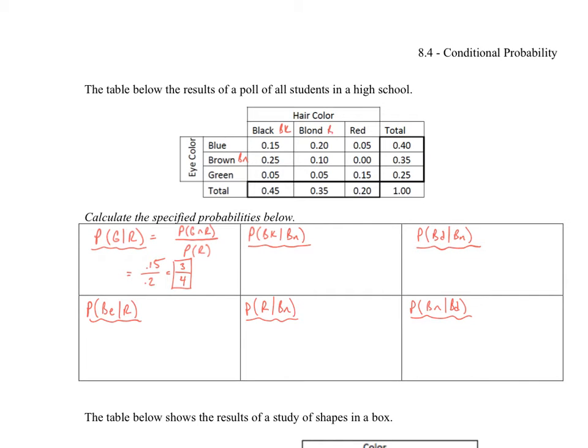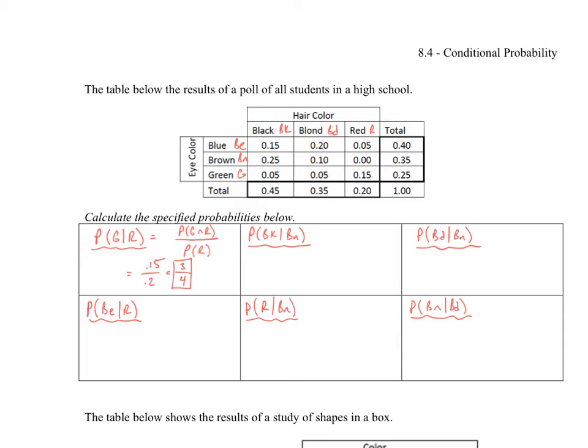So blonde is BD, red is obviously R. Here we've got the probability of blue eyes given red hair. So blue is BE, and then green would obviously be G. Okay, so this is the probability of red hair given brown eyes. This is the probability of brown eyes given blonde hair. So go ahead and try to calculate these, and then I'll quickly walk through the solutions here.